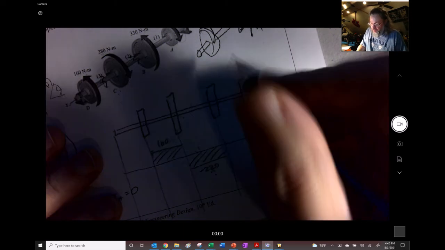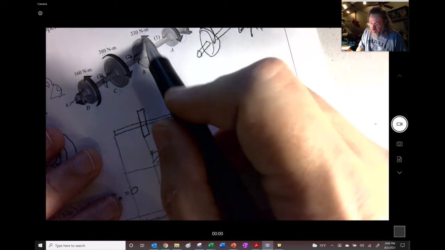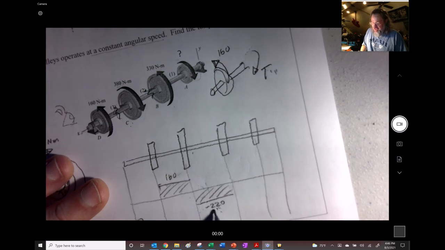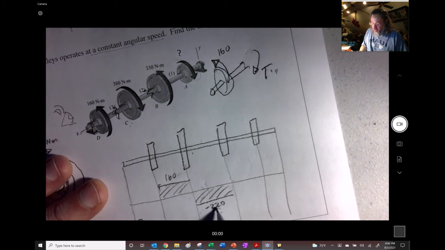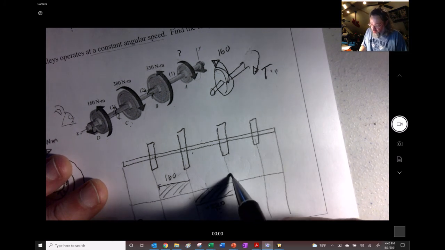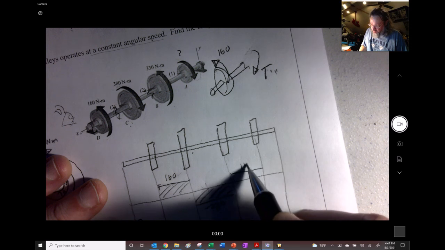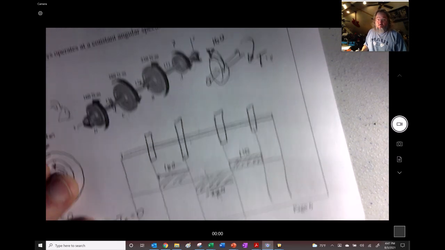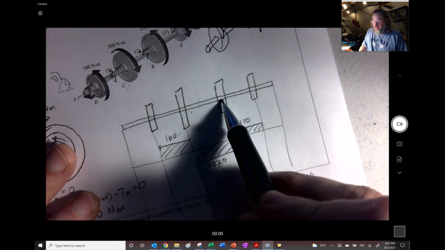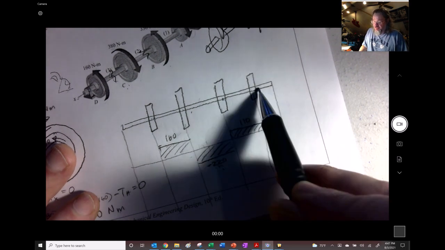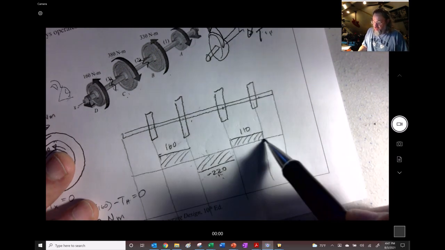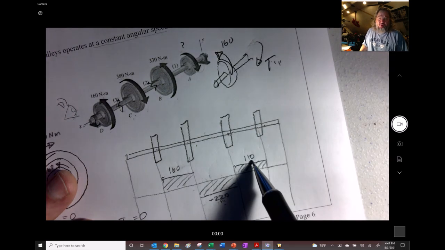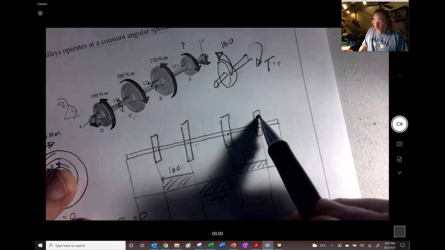Now, when we keep going, this guy has a positive 330 because he's clockwise. So we would add 330 to our negative 220, and we end up with a positive 110. So in between these two shafts is 110, and it needs to go to 0 at the bearing, and therefore there's 110 newton meters applied to this guy.